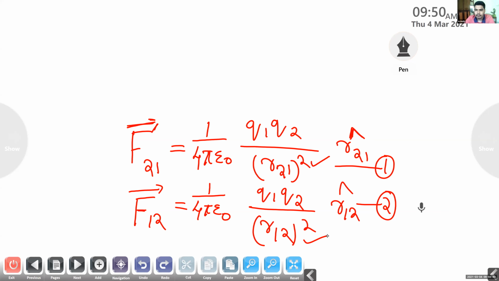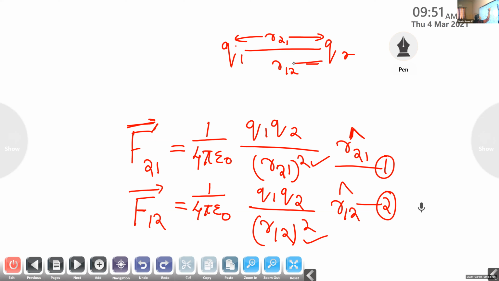Yes, ma'am. But when we look at this figure, it is very clear that both these distances are equal. Q1 is repelled by Q2 at a distance R21, and similarly Q2 is repelled by Q1 at another distance R12, but these distances are the same, right?